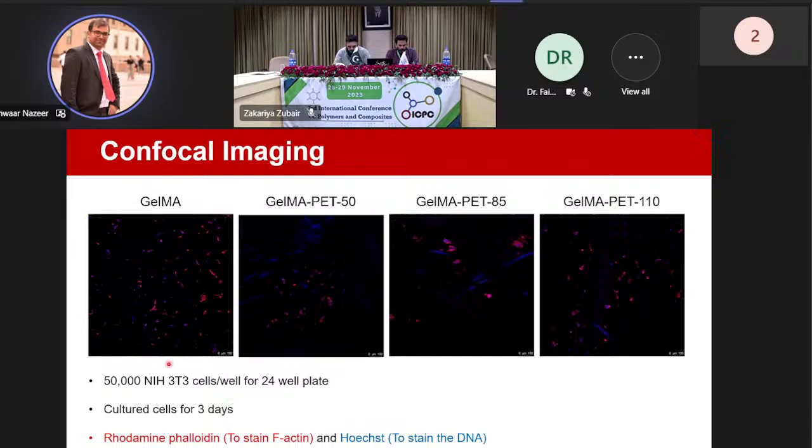So we can see that, by the way, the red color is coming from the rhodamine, and it's showing the F actin of the cells or the cytoskeleton of the cells, and the blue color is coming from the DNA of the cells. So in case of JELMA, we can see the cells are present on the 3rd day, and in case of composites, we observe the similar pattern that we have seen for the CTG assay.